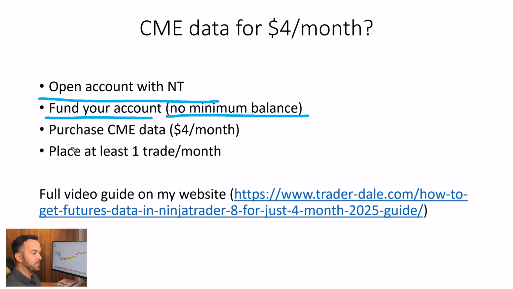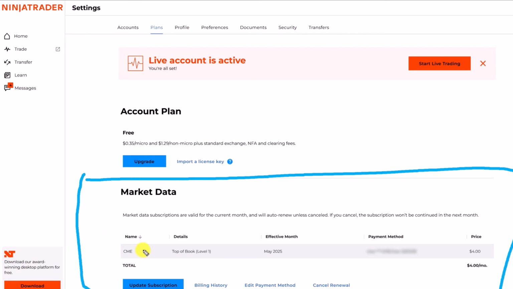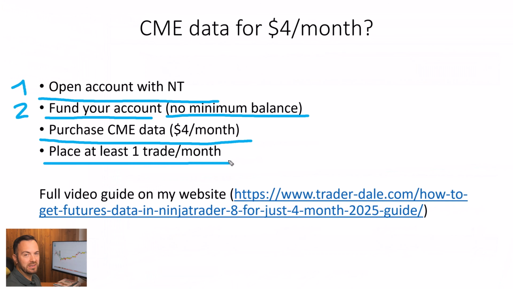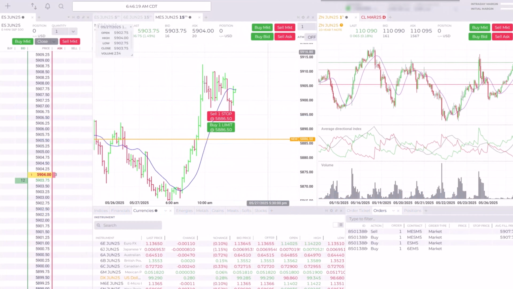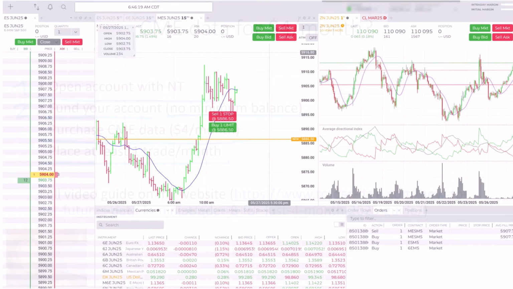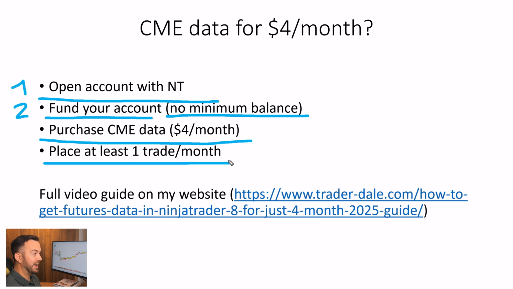The third thing, once you've done step 1 and step 2, is you can purchase the CME data for just $4 per month. The only thing that you need to remember is that every month you need to place at least one trade. The volume doesn't matter, so it could be just the smallest order once per month, and that's it. And if you do that, your account remains active and you can get all the CME data for just $4 per month.